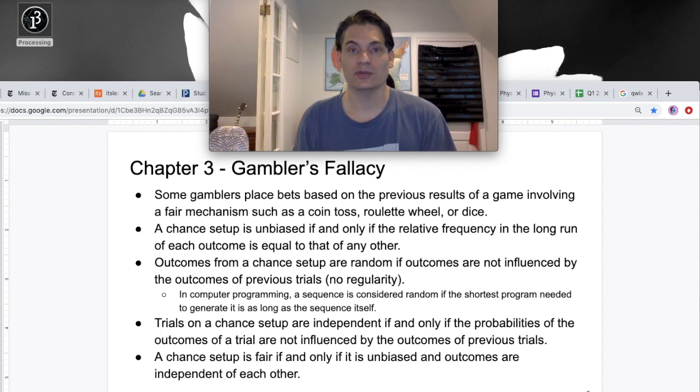So there's two main factors in looking at scenarios of probability like this. You want to be looking at a game that involves being unbiased. So if you have some dice where each side is geometrically identical, so that when you roll the dice, it's equally likely that you'll land a 1, 2, 3, 4, 5, or 6, that's an unbiased scenario.